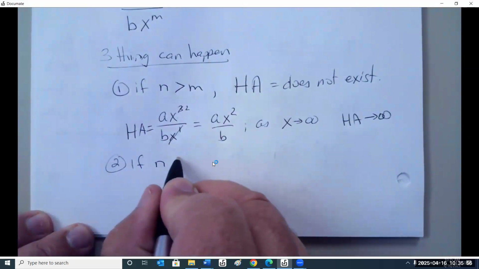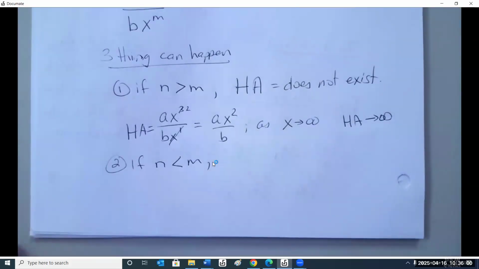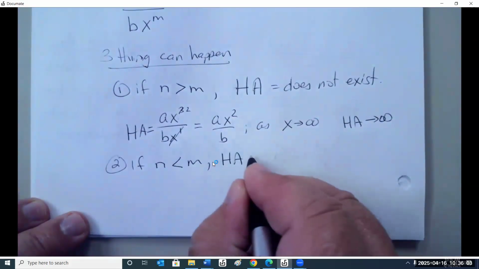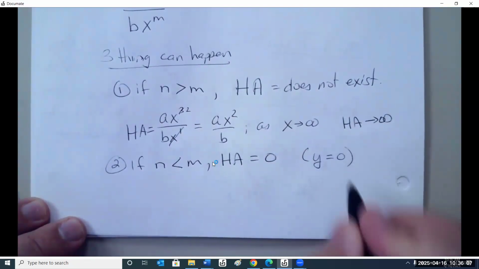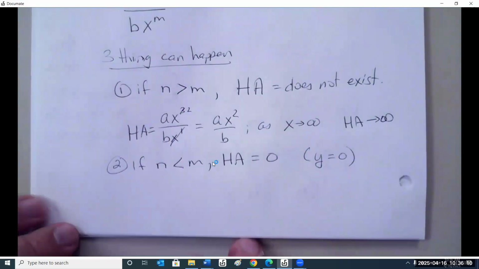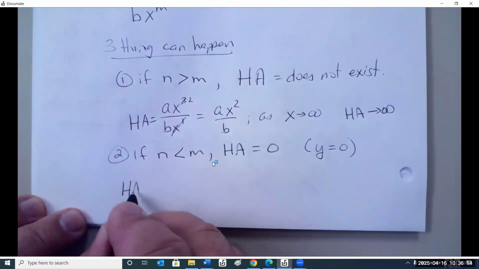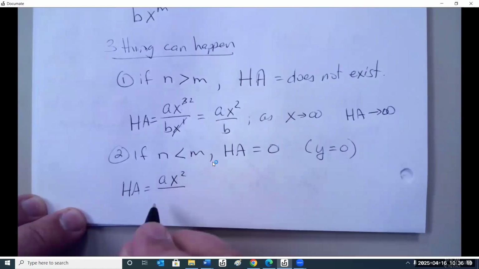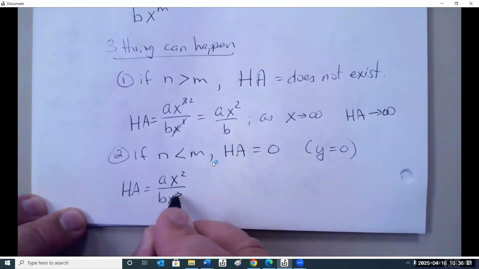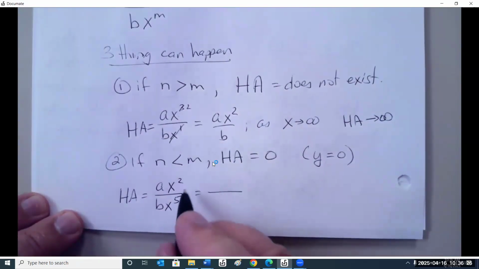If the top exponent is smaller than the bottom, then the horizontal asymptote equals 0. It's the line y equals 0. Say ax squared over bx to the fifth. We lose 2 on the bottom, so it's down to 3.